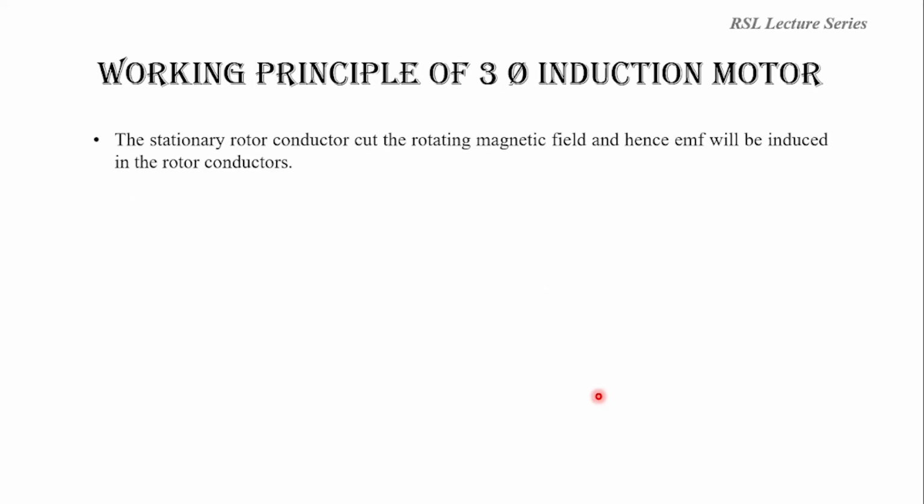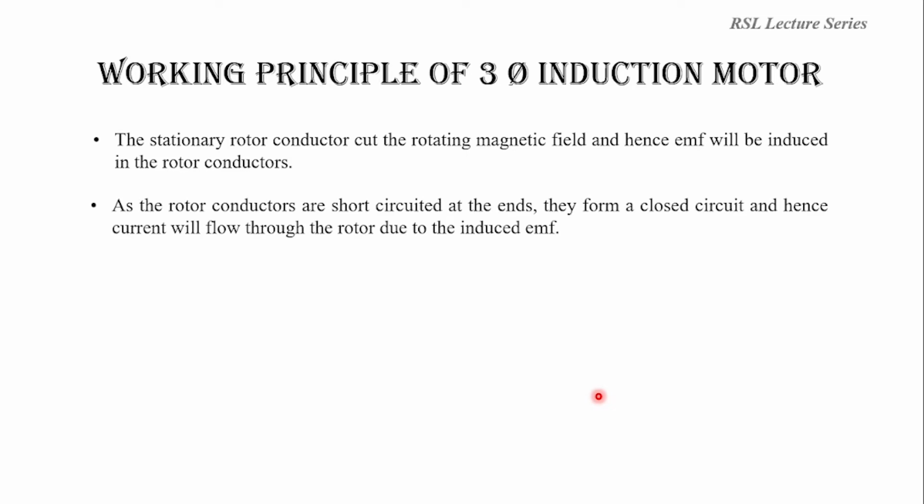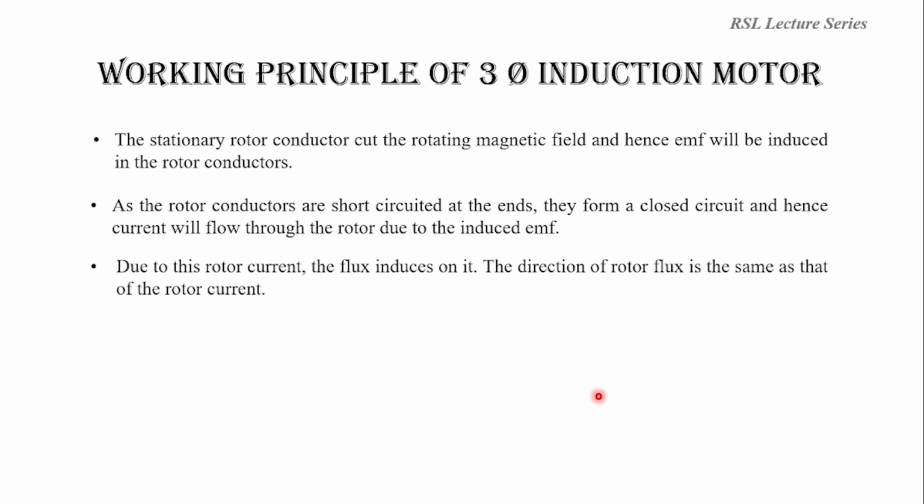These are the points which we have discussed initially. The rotor is stationary and it will cut the rotating magnetic field, so EMF will be induced. Due to this EMF, current will start flowing. This current will produce a magnetic field around the conductors, and the direction of the rotor flux is the same as that of the rotor current.